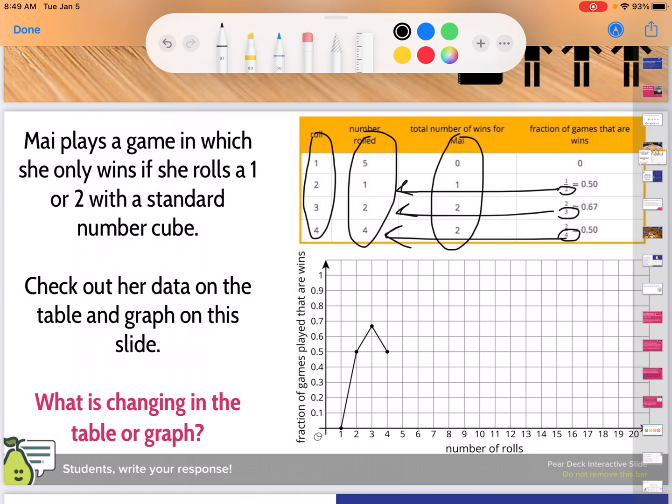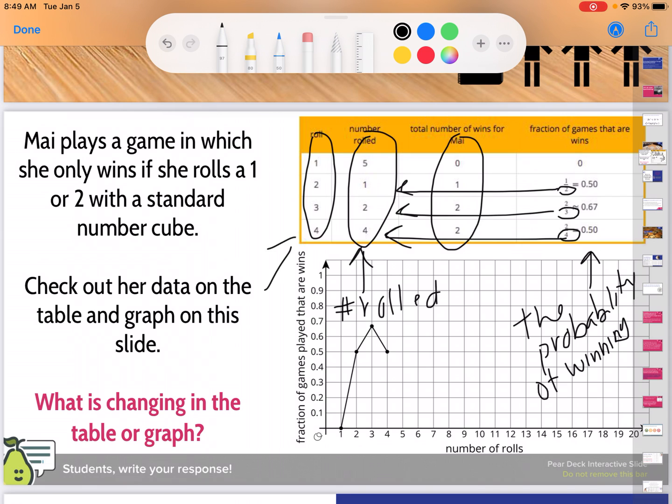So what's changing, things like the probability of winning, the number rolled, the number of times rolled, and for the graph you could say whether it's going up or down.